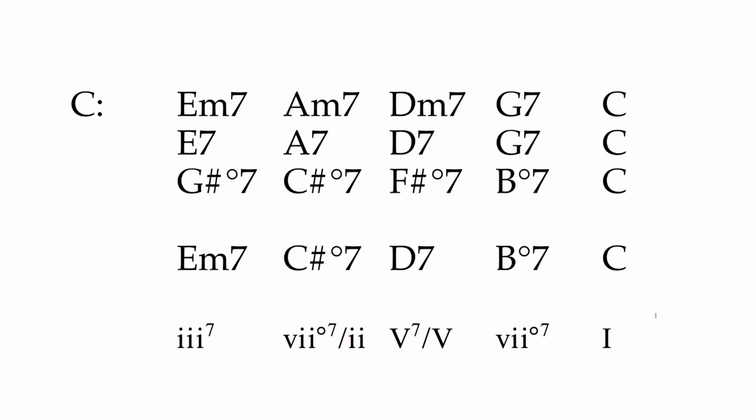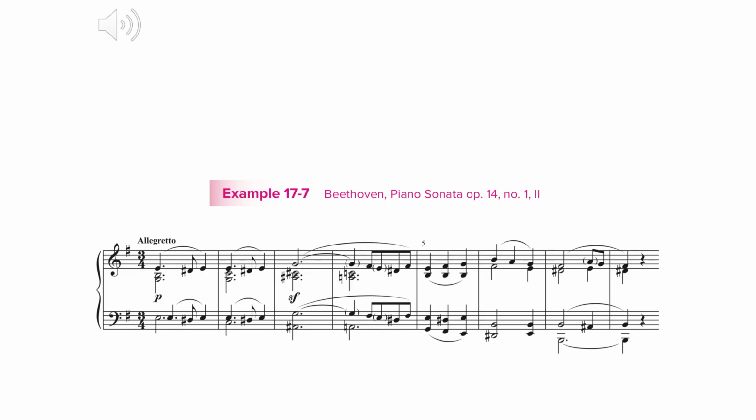Although the Roman numerals seem unrelated to each other, there is a strong connection in the background through the substitution. This is an example of what I just explained. Let's hear it.